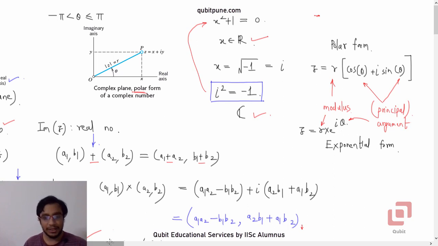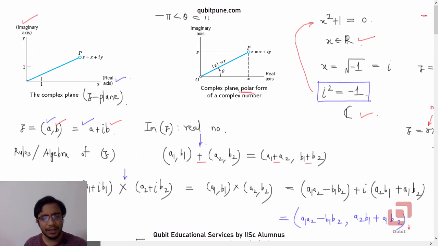Now this is a brief overview of what you already knew about complex numbers, but I think it is necessary to remind you that all of these things which you have studied in your 12th standard are important.